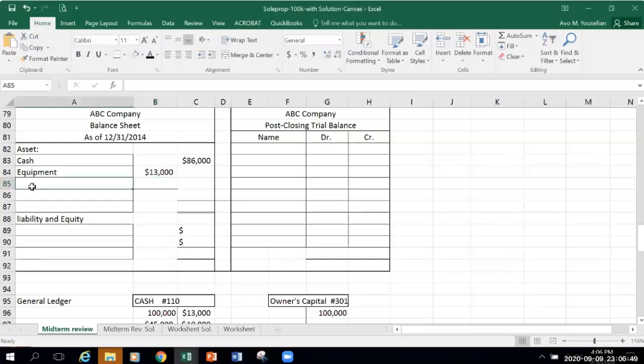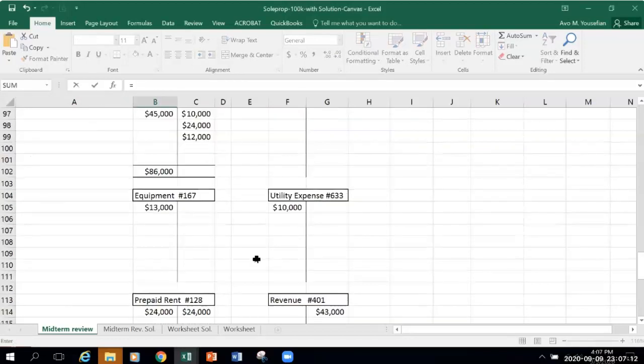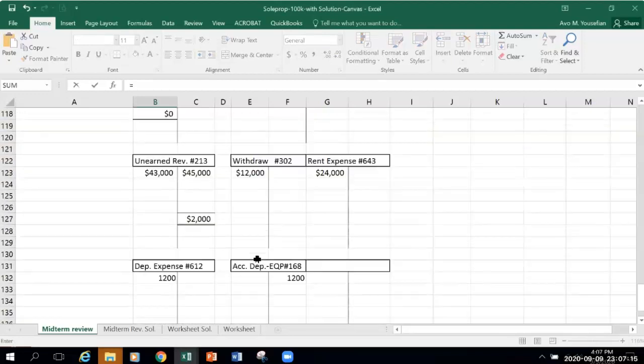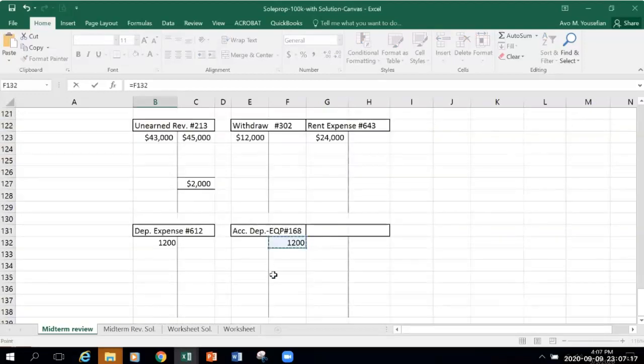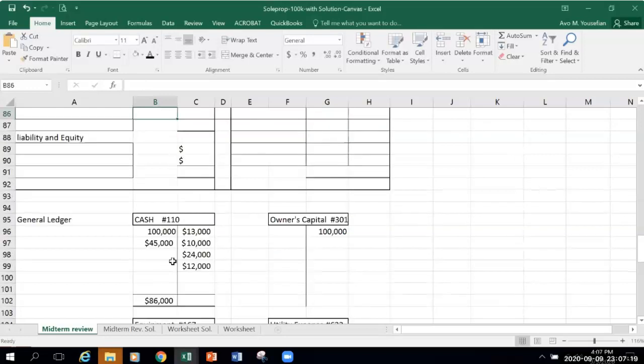And then accumulated depreciation, dash, equipment, equals that, enter.